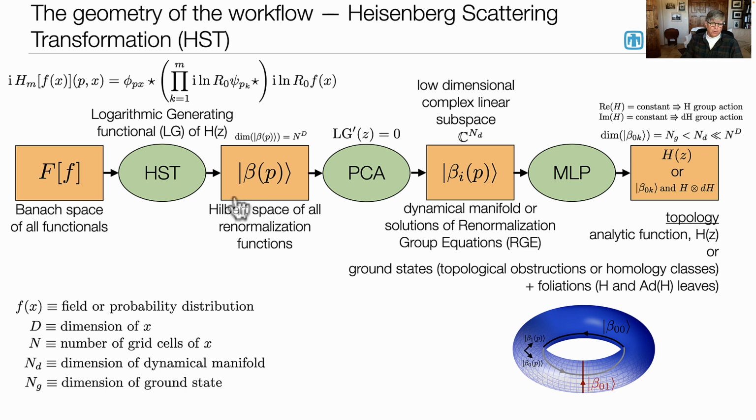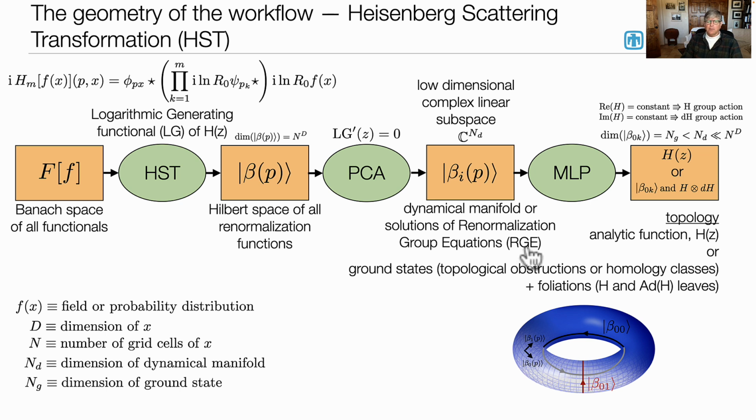So we start with finding out where we are in this Hilbert space. We take the PCA to find these n functions beta sub I, and the beta sub I are the solution to the renormalization group equations.